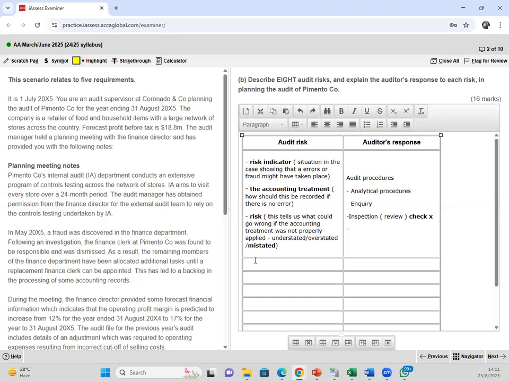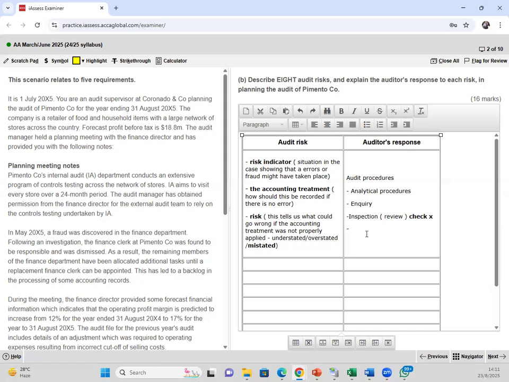But in some questions, it might not be clear, or it can be both. It can be under or overstated. In that case, you can use misstated. And also, please make sure in your risk, if you can, let us know the effect in the financial statements. What will be understated? What will be overstated? What will be misstated?